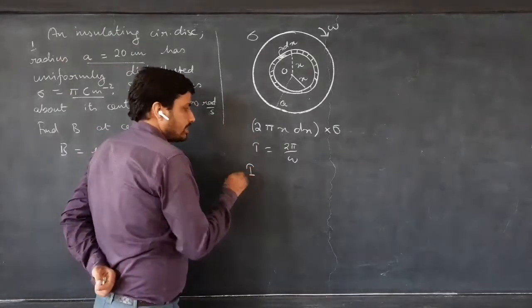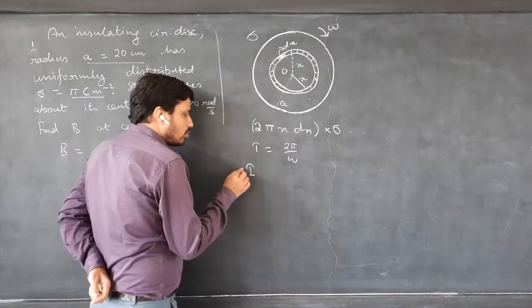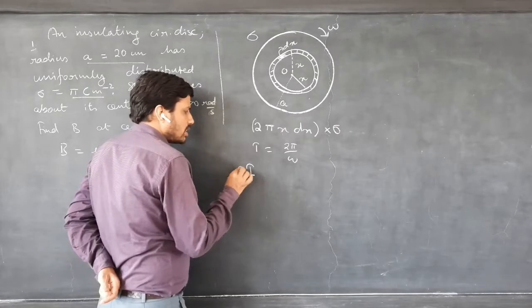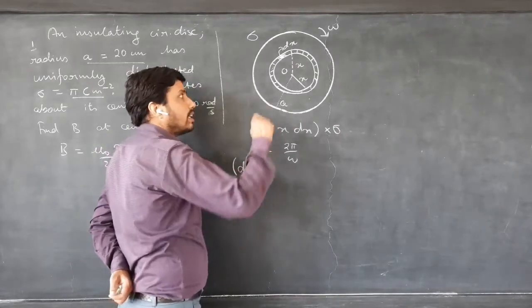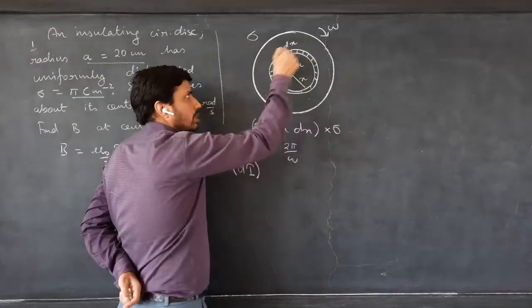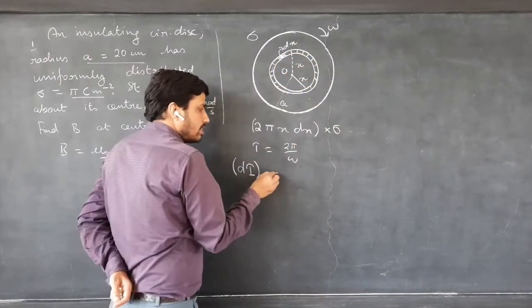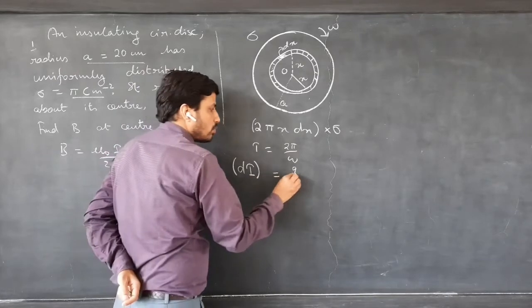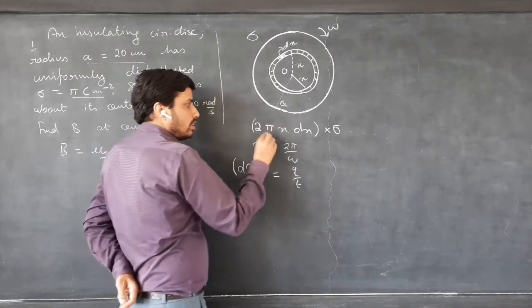Therefore the current, this generates a small amount of current. Let me call it as dI. The current due to motion of the charges in this particular ring around this center will be charge flowing per unit time.